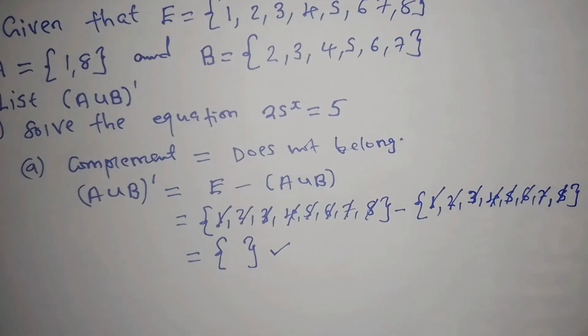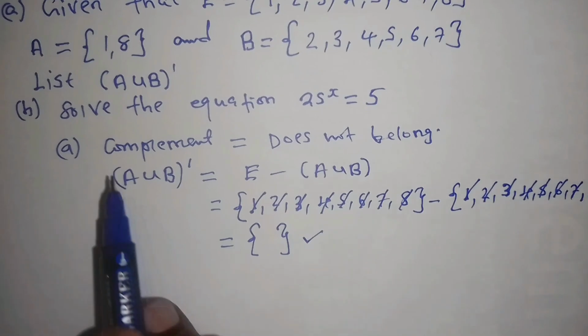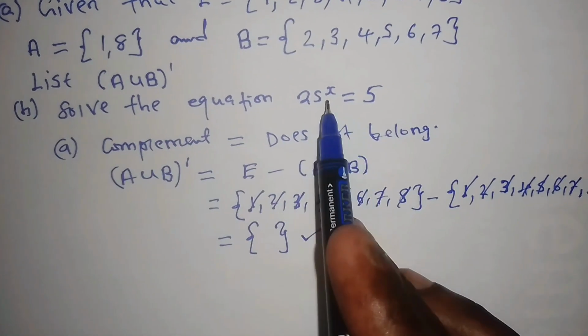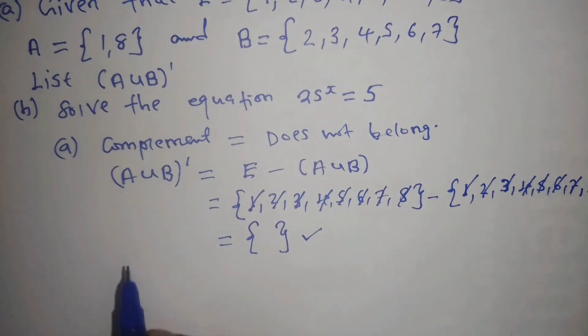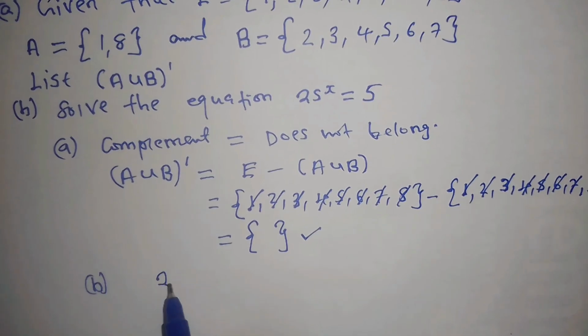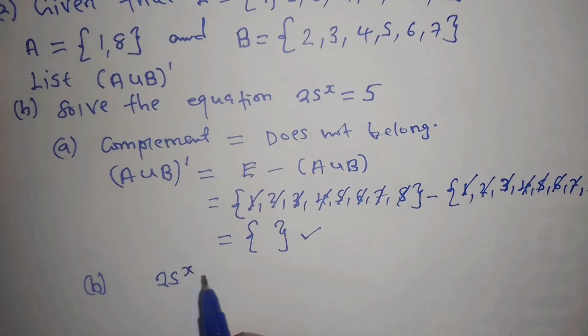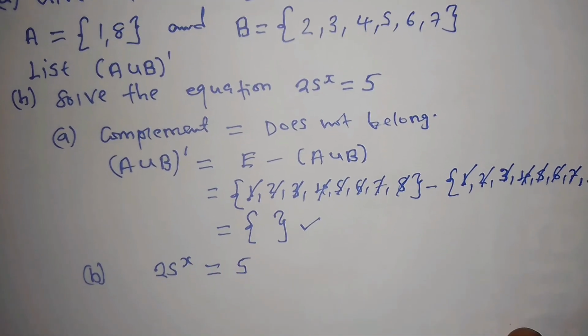So now let us move on to question B, which is saying solve the equation 25 to the power x equals 5. So this is coming from indices, and we have 25 to the power x equals 5.